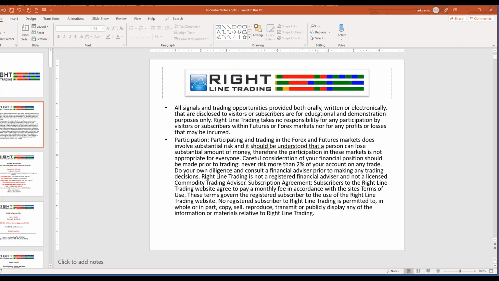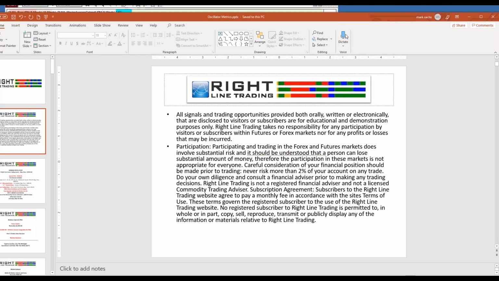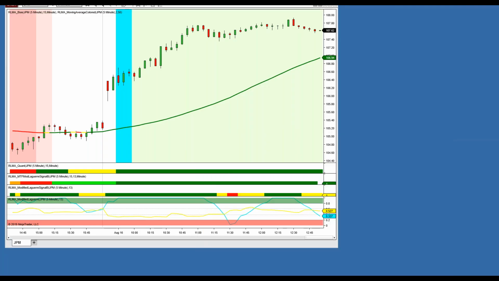Carefully consider your financial position before making a trade. Never risk more than 2% of your account on any trade. Do your own due diligence. And none of us here at Right Line for now are licensed commodity trading advisors, although we're working to change that. Let me move the slides off.